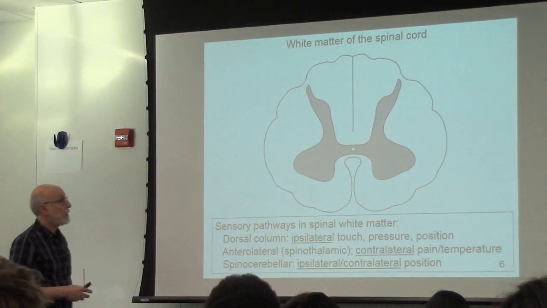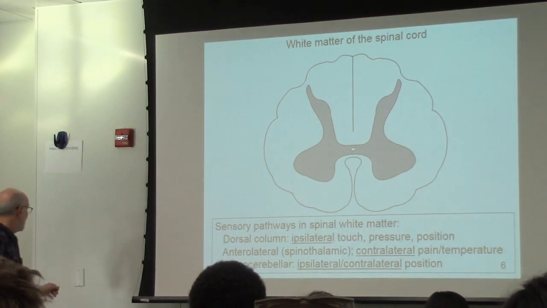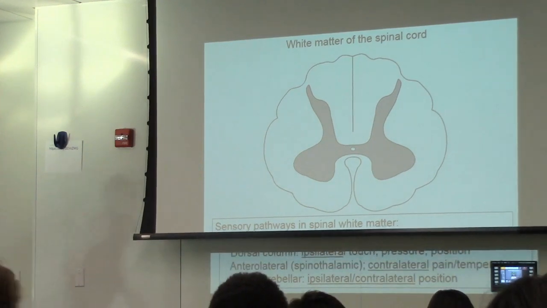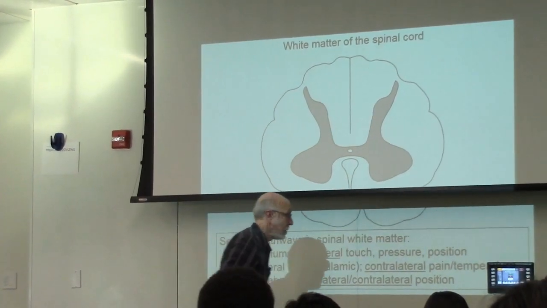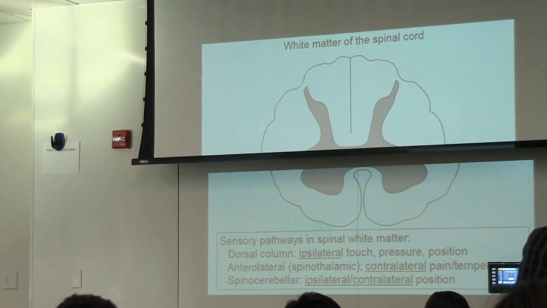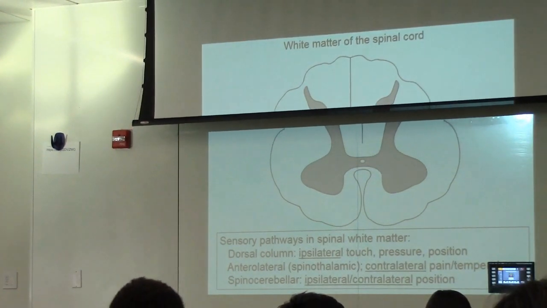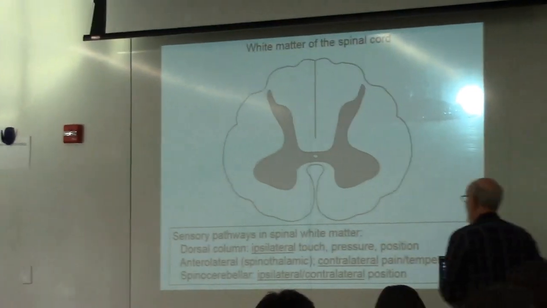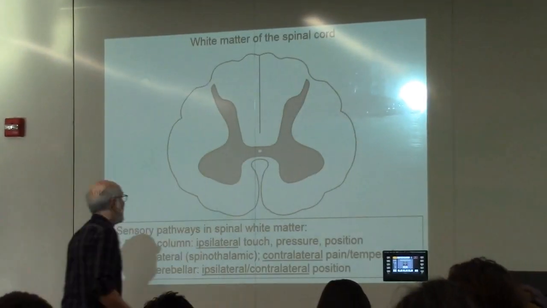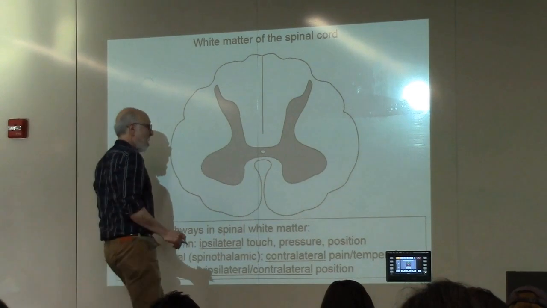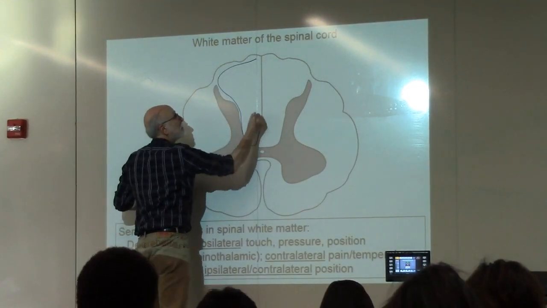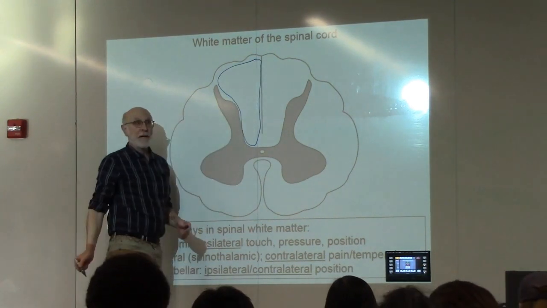So there's a cartoon that's a blank. And so we can simplify this cartoon. So the dorsal column, let's just do it on the right side.